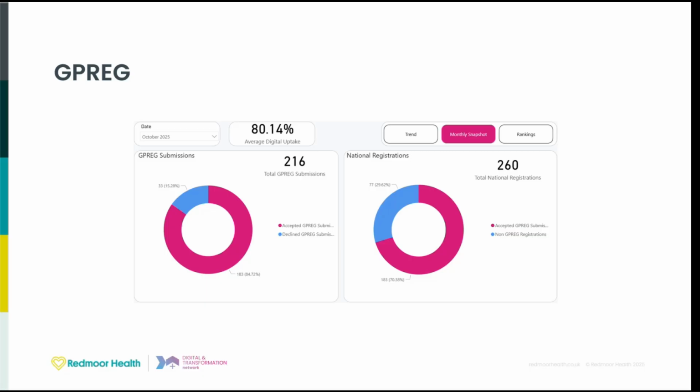And then variation in GP Reg uptake often isn't about patient willingness to register digitally, but about differences in internal processes. So for example, how registrations are reviewed, how exceptions are handled, or how quickly requests are actioned. The GP Reg data makes those differences visible, and it creates a strong opportunity for PCN-wide process improvement to align how registrations are processed and accepted, reducing unnecessary manual handling or duplication, making better use of the digital registration forms and reducing admin pressure.